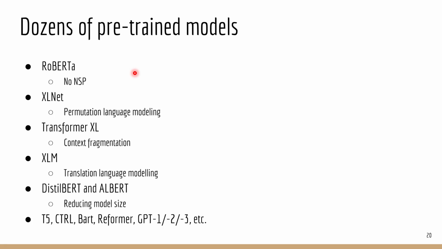Another problem with the objectives of BERT is that it uses the mask token, this special token, only during pre-training. The symbol is not present during fine-tuning time, which is something called the pre-train fine-tune discrepancy. Another problem is that the autoencoder assumes that the masked tokens can be predicted independently from each other. XLNet addresses both these problems with something called permutation language modeling, or PLM.